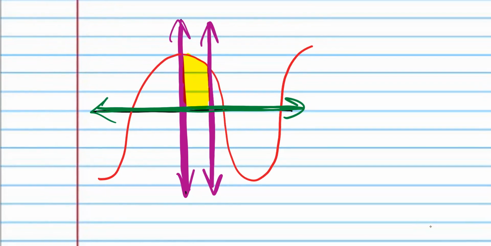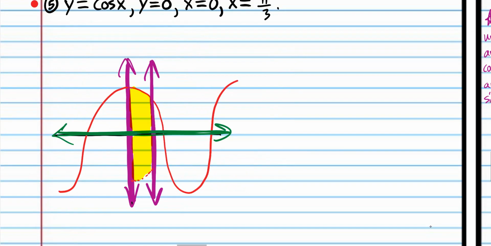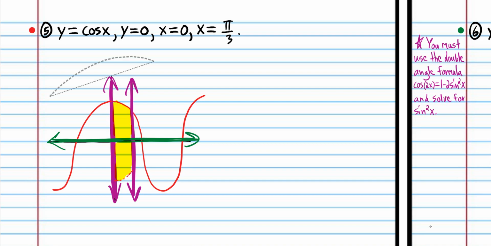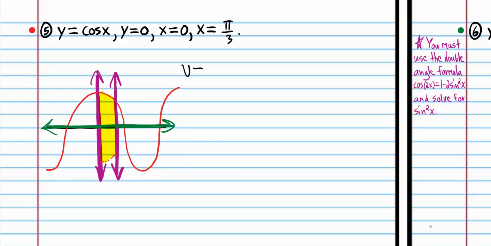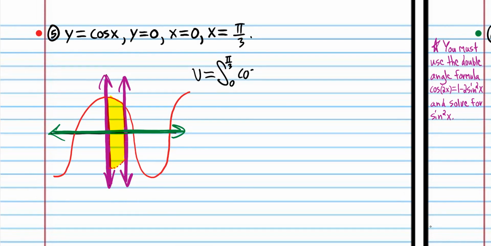So when we rotate, we're going to get a shape that looks something like this. And cross sections again are going to be circles. So we can use our formula as usual. So volume is equal to the integral from 0 to pi over 3 of pi r squared, and r is cosine x, and of course we need our pi.